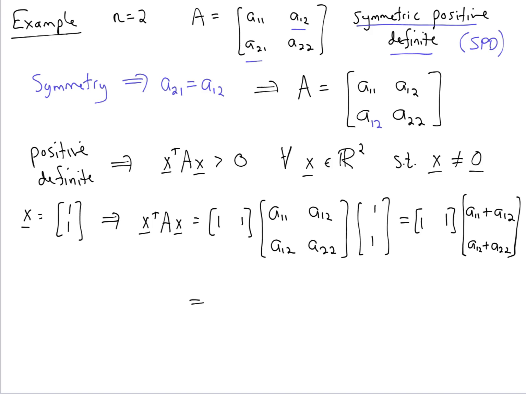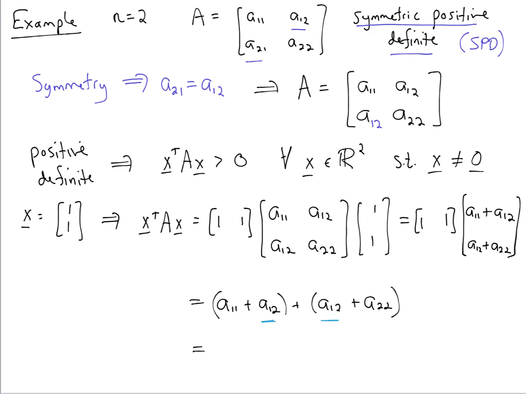And then here we have a 1 by 2 multiplied by a 2 by 1. So the result will be a scalar. We're just taking the dot product of this vector and this vector. So we get 1 times the first entry, A11 plus A12, plus 1 times the second entry, which is A12 plus A22. And we see now that because of the symmetry, these two terms combine. If A was not symmetric, we would not be able to have those combine.